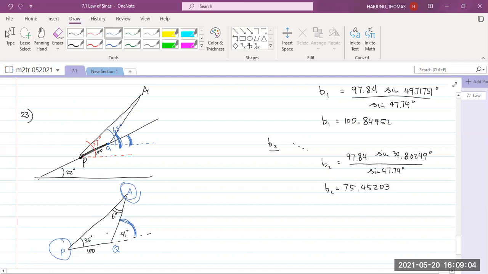Notice that this angle here is the supplement of 41 degrees, but the same angle is also the supplement of the sum of these two angles, right? So they must be congruent. Therefore, 41 degrees equals 35 degrees plus angle A.